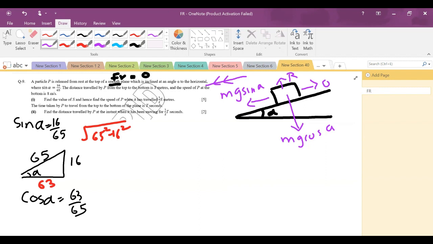Find the value of S and find the value of P when it has traveled half S. अच्छा पहले तो S निकालना है, तो हमें क्या क्या पता है? हमें पता है कि U 0 है क्योंकि रेस्ट से स्टार्ट हुआ। फिर हमने डिस्टेंस फाइंड करना है और हमें क्या पता है?